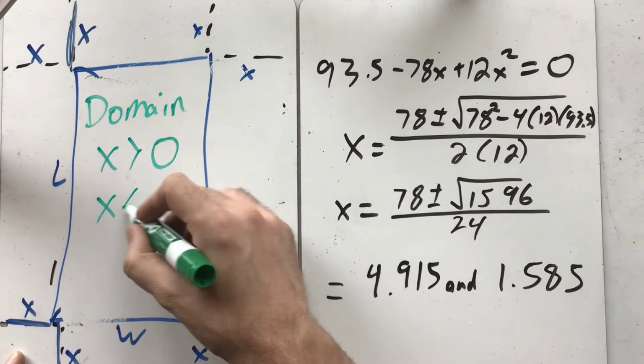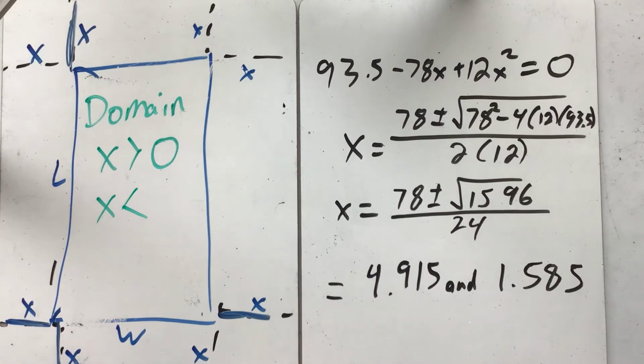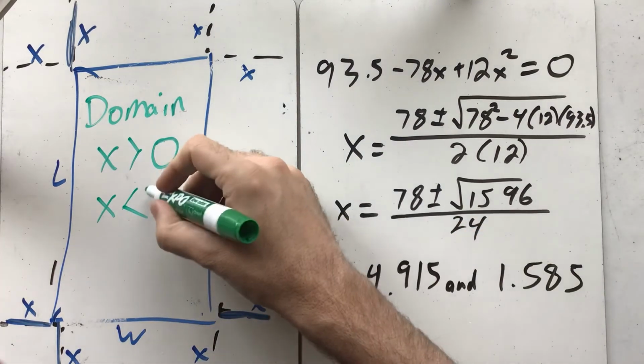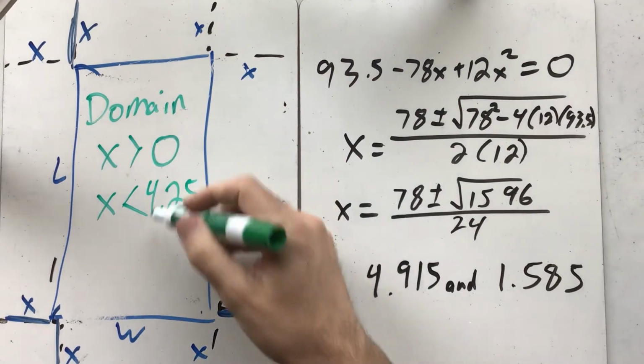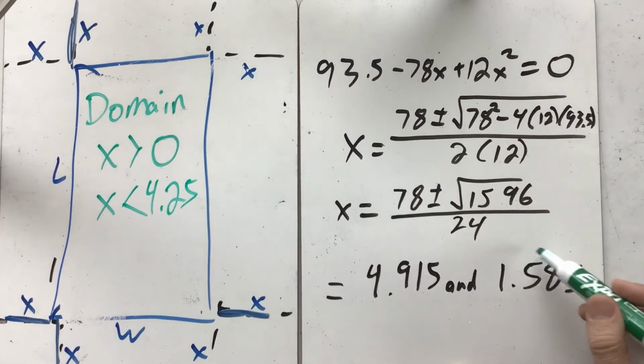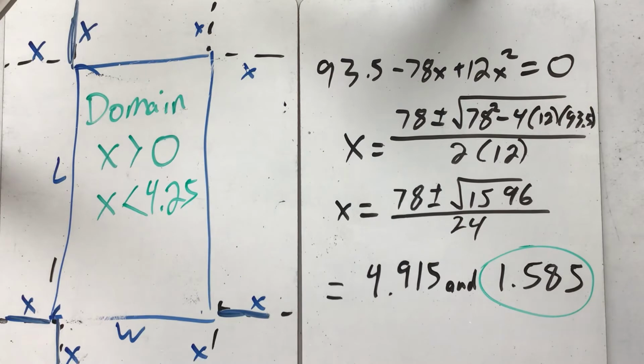So we need x to be less than half of 8.5, and 8.5 divided by 2 is 4.25. So we need x to be somewhere between 0 and 4.25. That tells me right now that this one is going to need to be our answer.